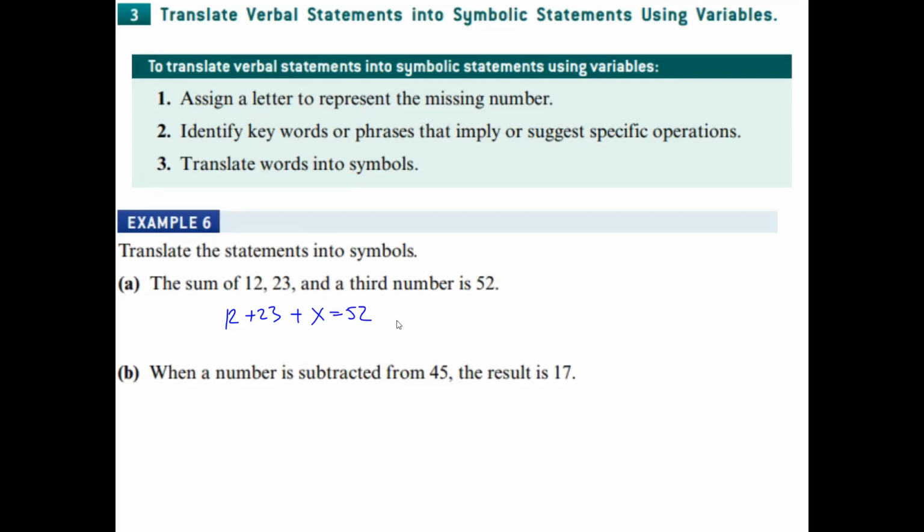Correct? So when a number is subtracted from 45, the result is 17. So what is that? That is minus, right? So number subtracted from 45. So 45 minus x is 17. Good?